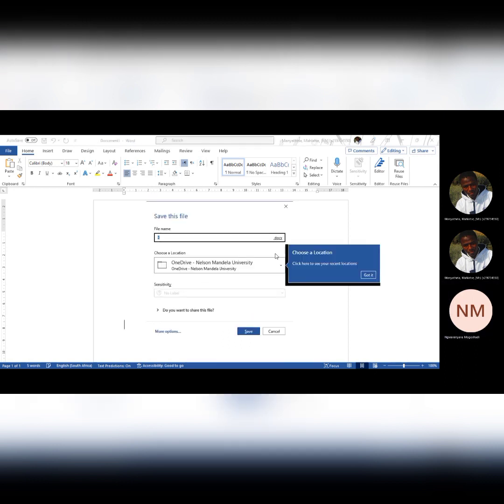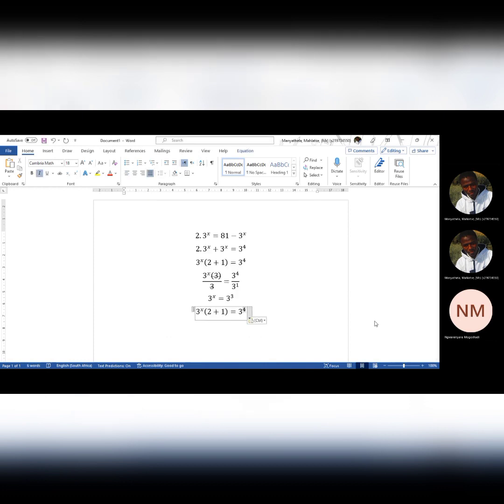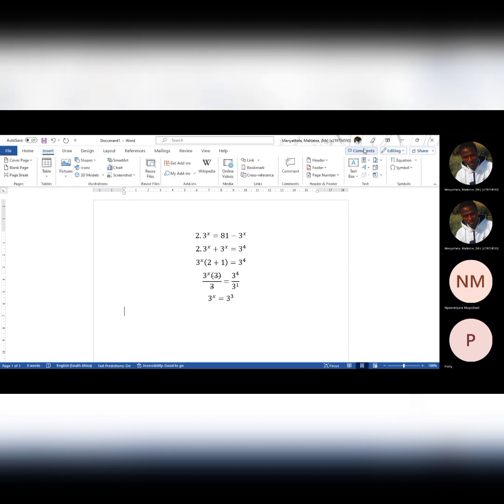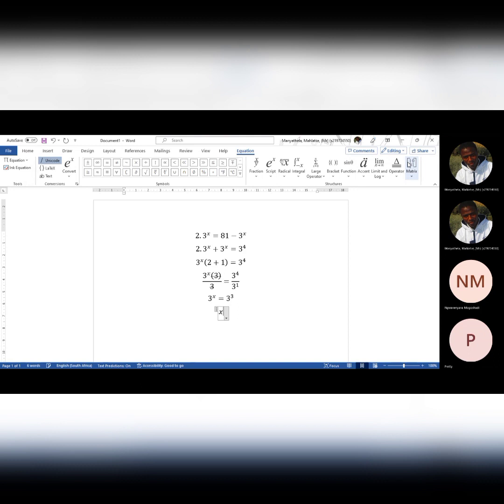So what is x? x is equal to 3, and you can prove it if you have doubt. So that's how it should have been.